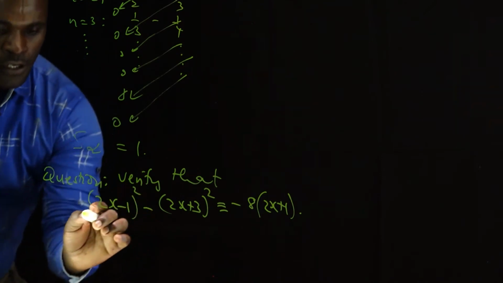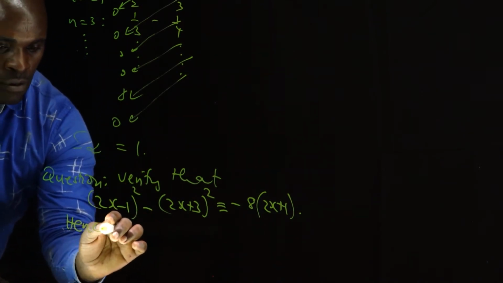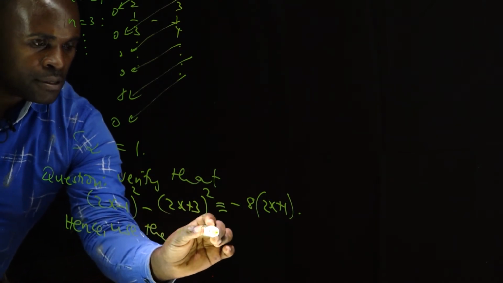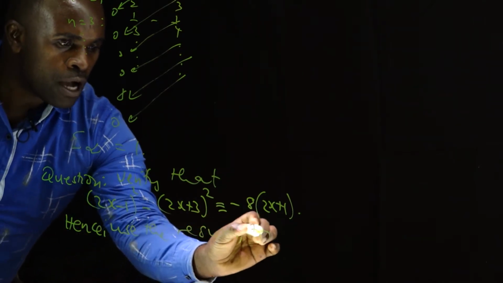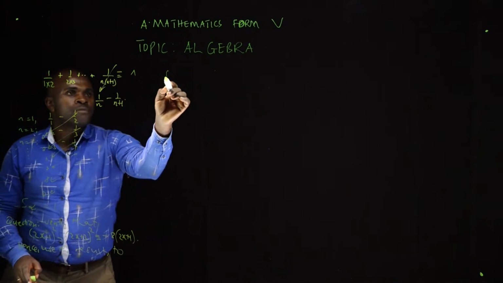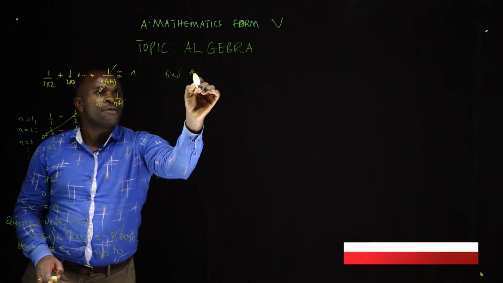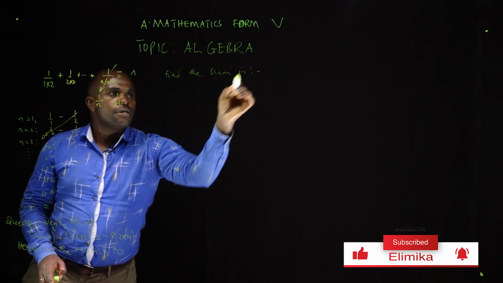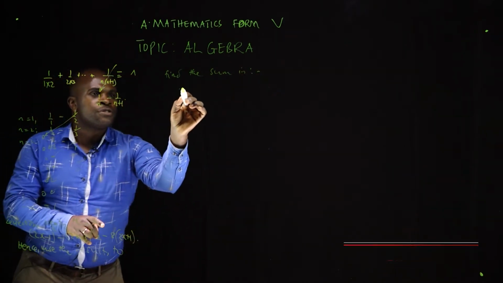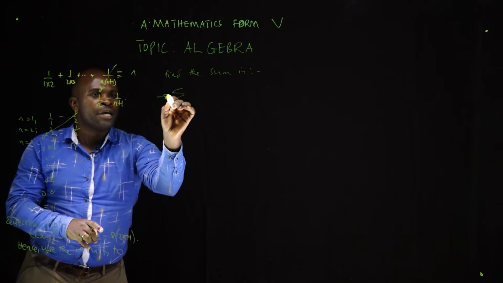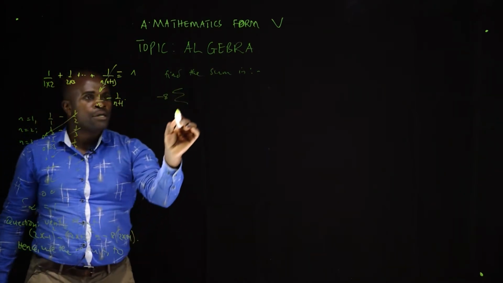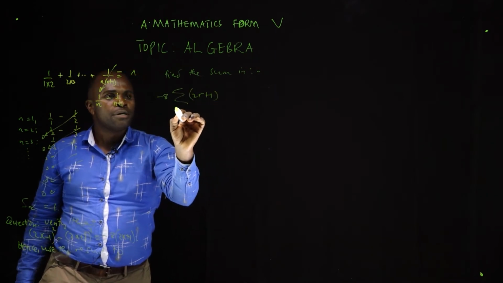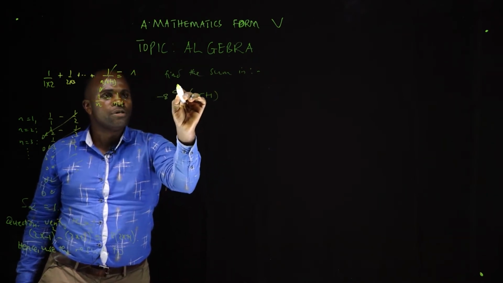Upon verifying, it says, hence, use the result to find the sum in sigma negative 8, and here we have (2r plus 1), and r from 1 to n.